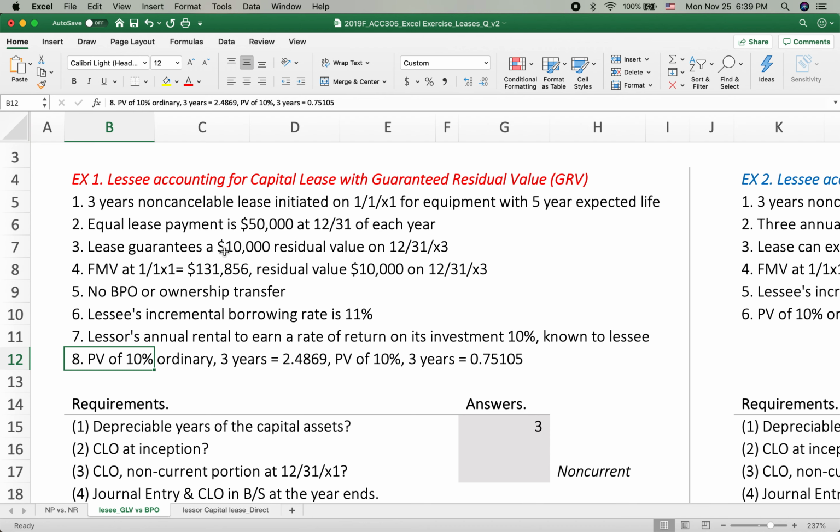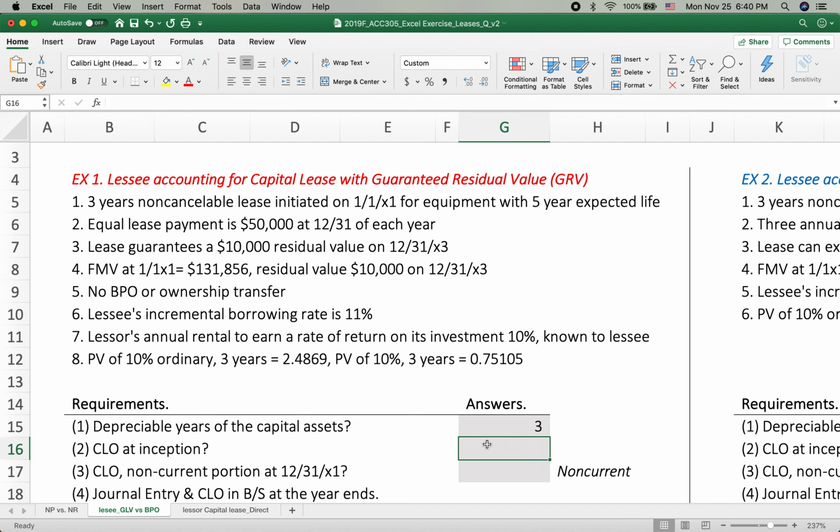They have to return it. So $10,000 also should be included in the present value of the minimum lease payment. Then we will compare the fair market value of 131,856 with this present value of minimum lease payment, and then we will choose the lower one.